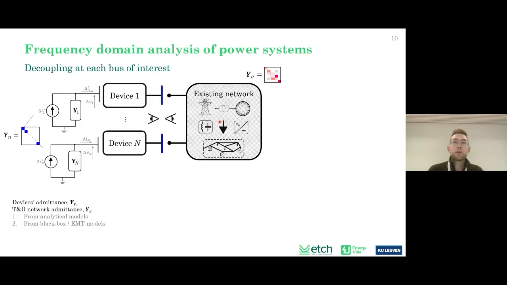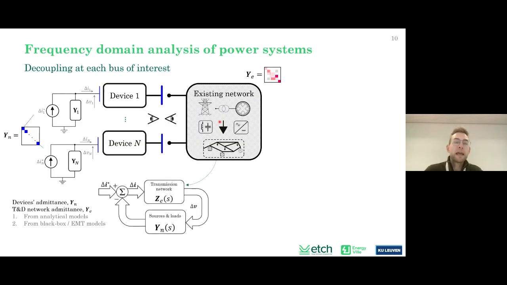Therefore, for the existing network, we form our nodal admittance matrix, which we use also for power flow calculations. Now it's frequency dependent. And with those two subsystems, when you do the math, you can derive a feedback loop, a negative feedback loop.